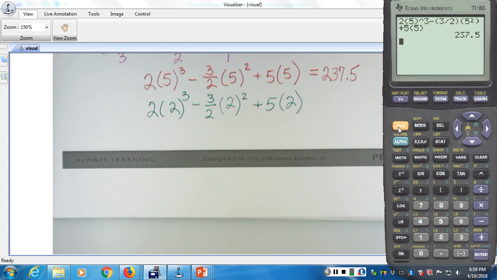And then I will redo that calculation and change the 5 to a 2. Second enter. It just saves a lot of typing time when you're trying to do it up here especially. And that is 20.